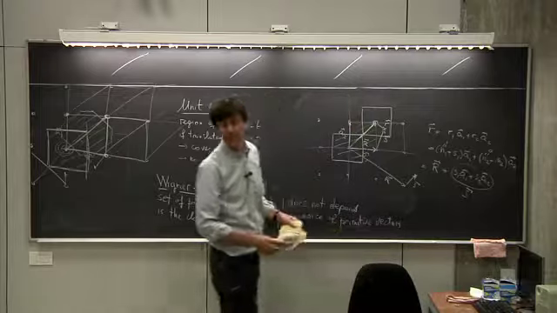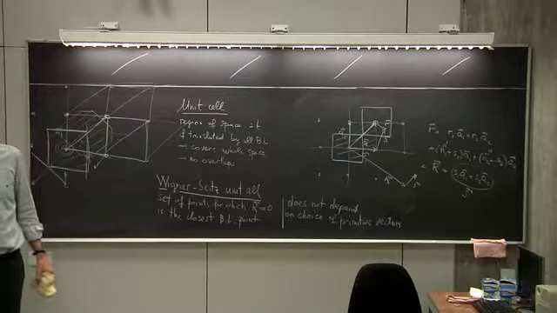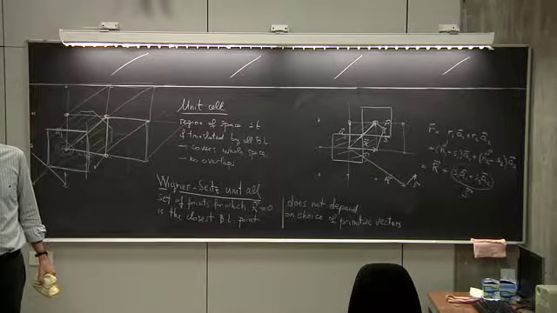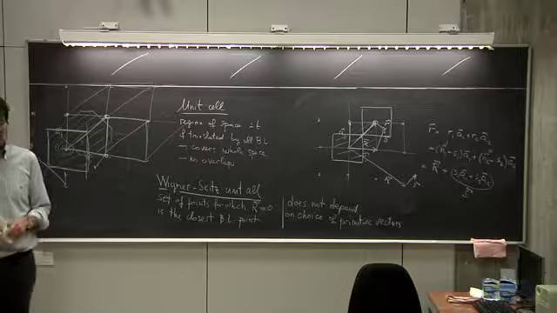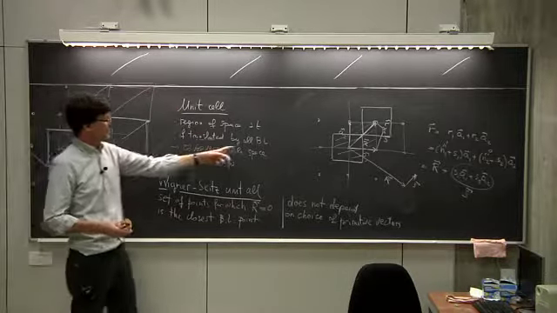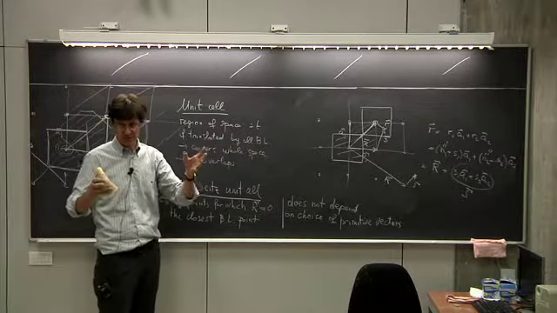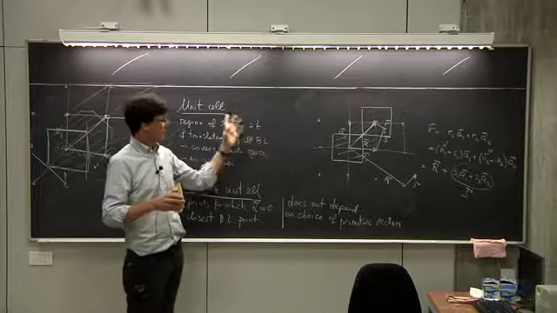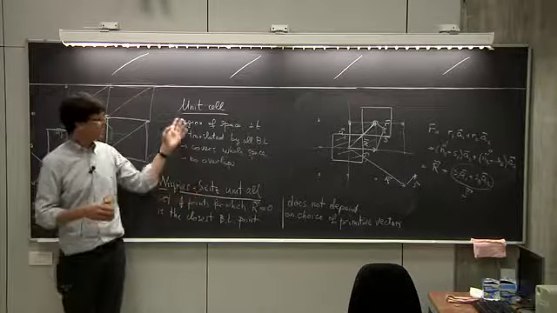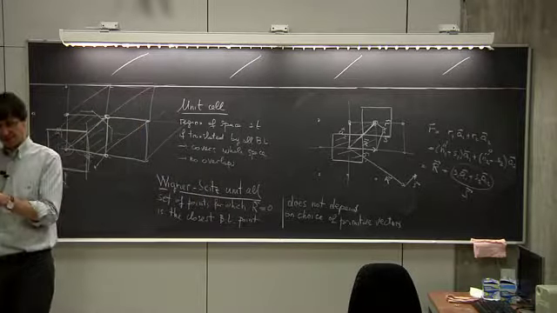Yes? In the case of crystal structures, to define the unit cell, do we need just the Bravais lattice? Okay, so your question is, in the case of a crystal structure, does the definition of the unit cell rely on the Bravais lattice or on the crystal structure in general? The first one. In the case of a crystal structure, the unit cell is defined by the Bravais lattice that defines the crystal structure.